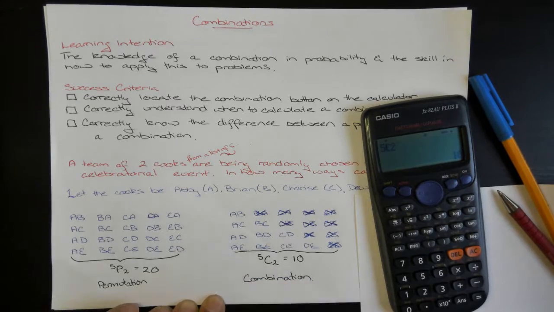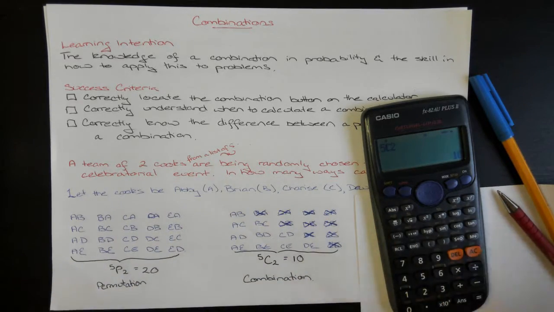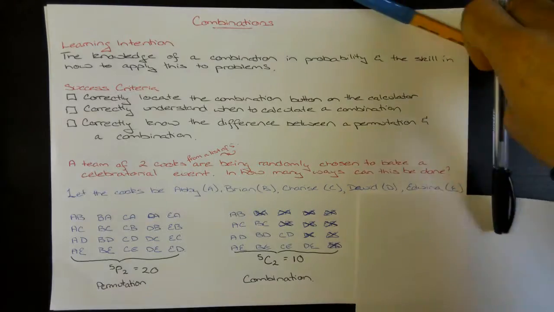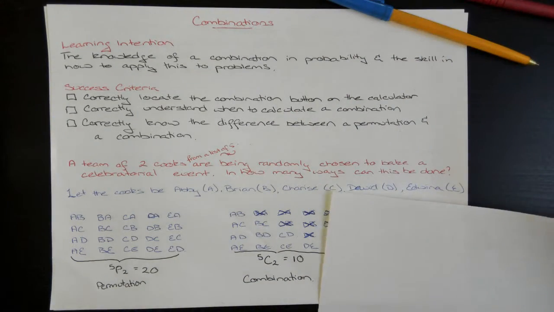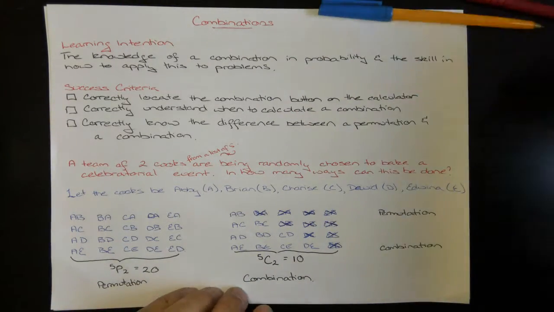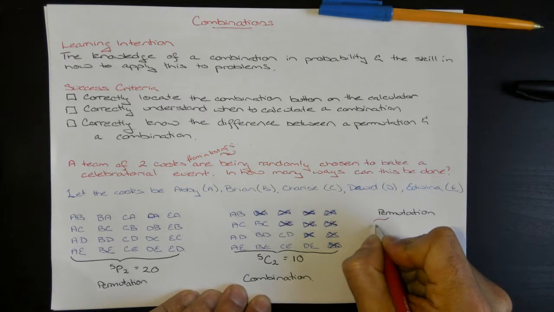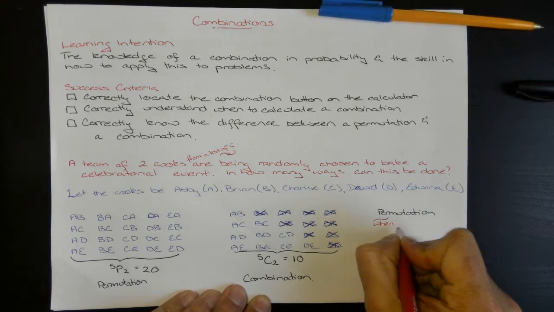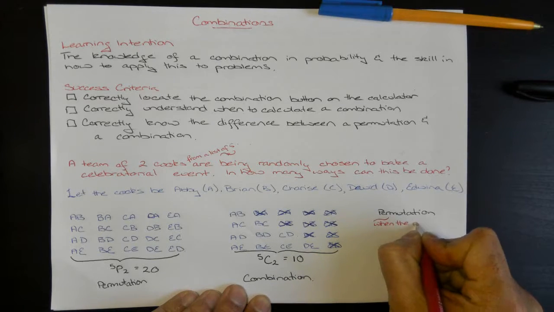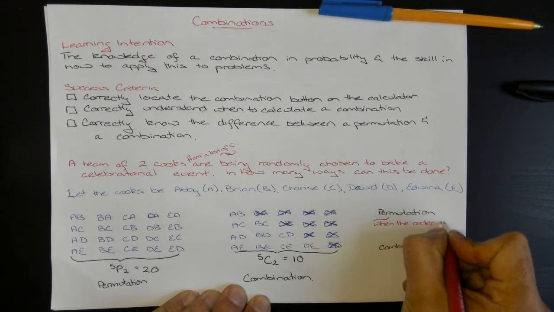Okay. So the difference between a permutation and a combination: a permutation is when the order is important.